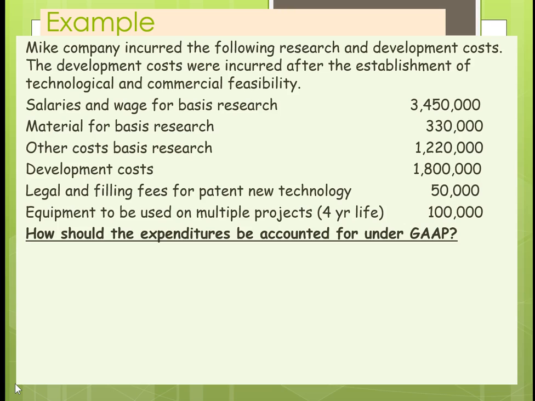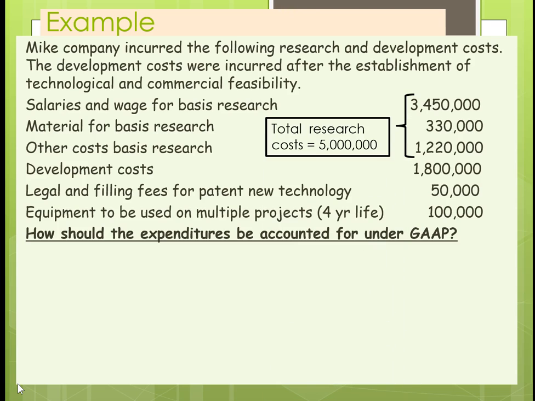However, the development costs would be expensed under IGAP, but under the International Standard, we would capitalize those. And the legal and filing fees also would be capitalized. And since the equipment is used for multiple projects, we'd be able to depreciate that.